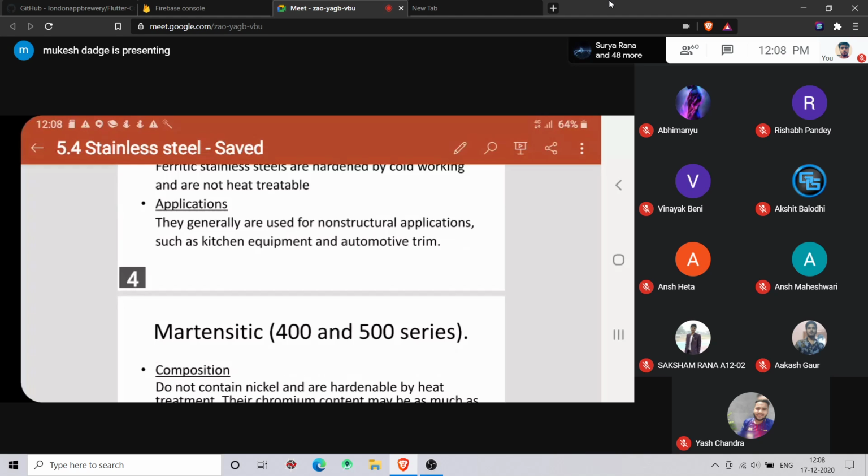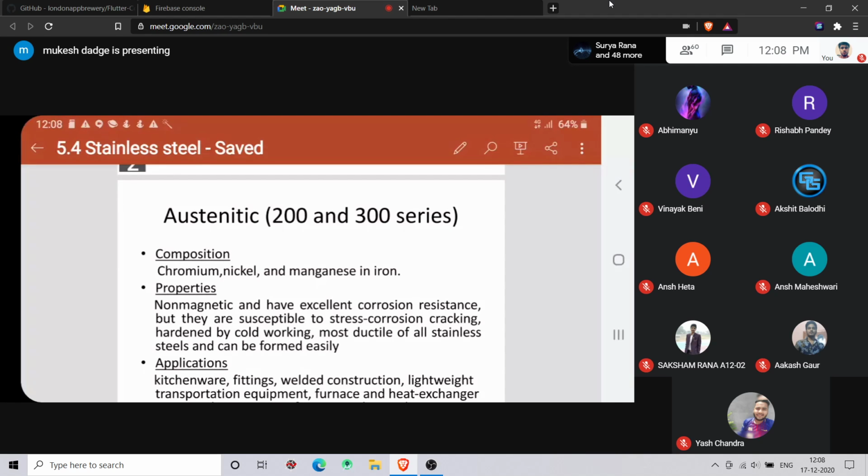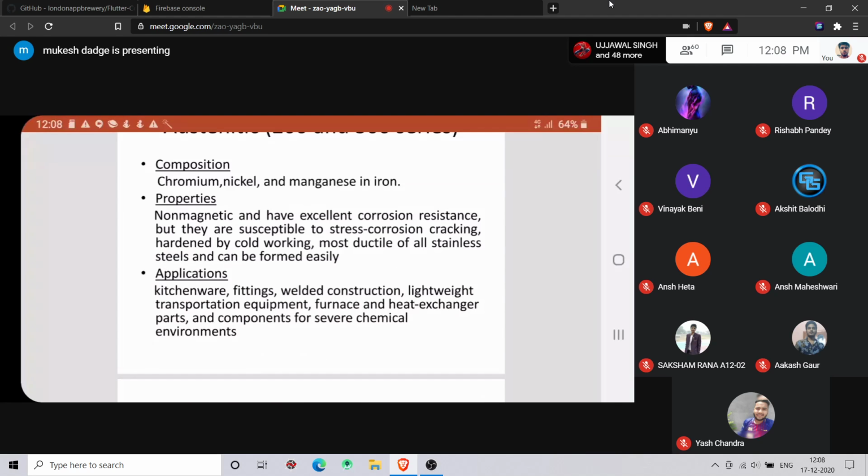So composition is chromium, nickel, and manganese in iron. Properties: non-magnetic and have excellent corrosion resistance, but they are susceptible to stress corrosion cracking. What is this stress corrosion cracking?